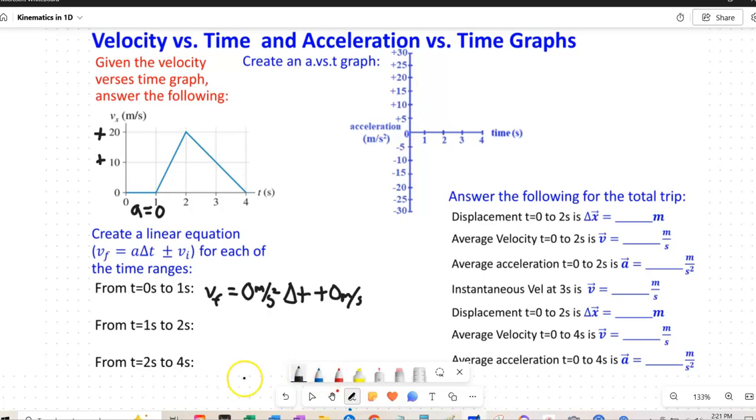Now, from 1 to 2 seconds, again we're trying to predict final velocity. It looks like our initial velocity is 0, because it's not moving. So this one's going to start off not moving.